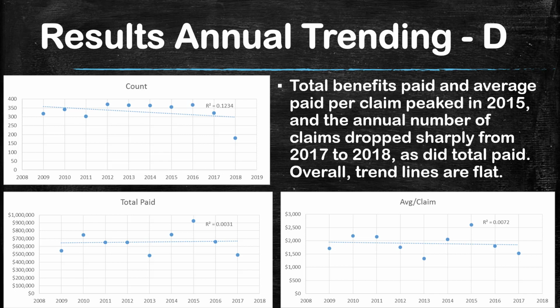We have a dip in 2013, and then a peak in 2015, and then another dip in 2017. And we have a similar phenomena in the average per claim. So it's kind of all over the place. So we have to dig deeper here to find out what's really going on. What can we do? Overall, the lines seem to be either trending slightly down or slightly up.